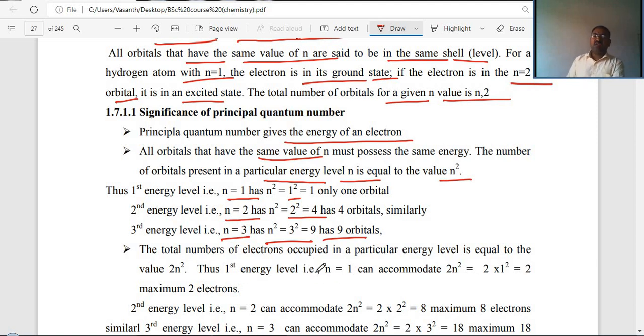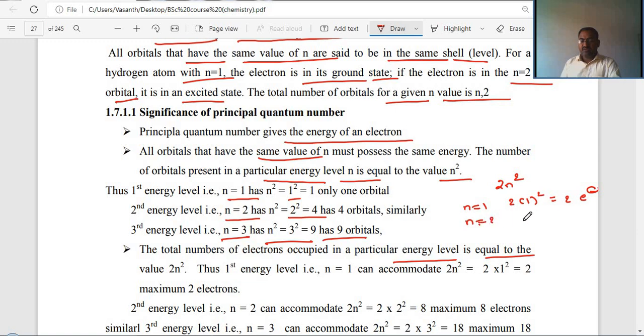The total number of electrons occupied in a particular energy level is equal to 2n squared. If n is equal to 1, we can accommodate only 2 electrons.